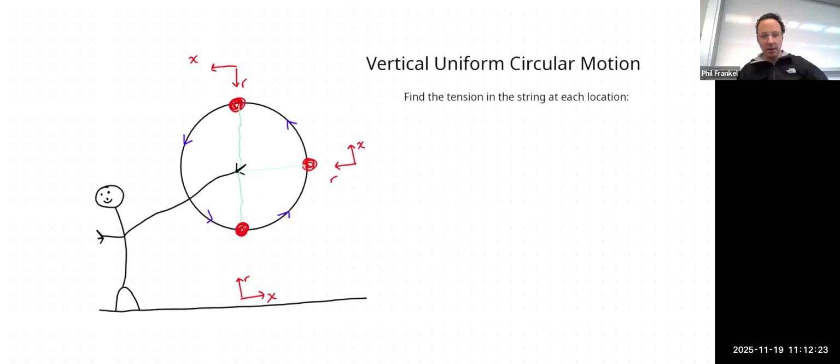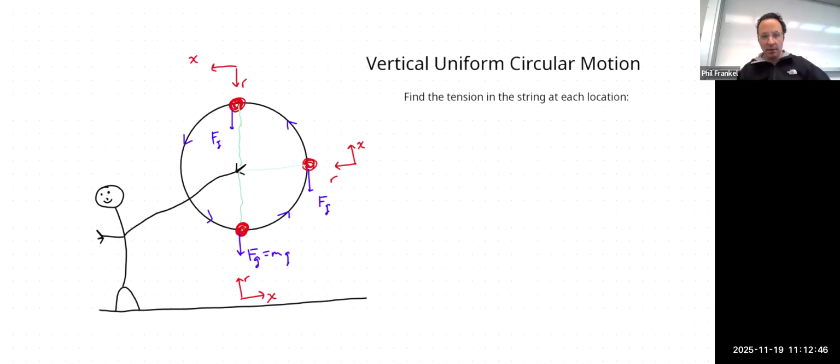At each location, there is a gravitational force pulling the object down equal to mg. That force is equally strong regardless of where the object is located. There's also a tension force, and the tension force is always directed along the string direction.